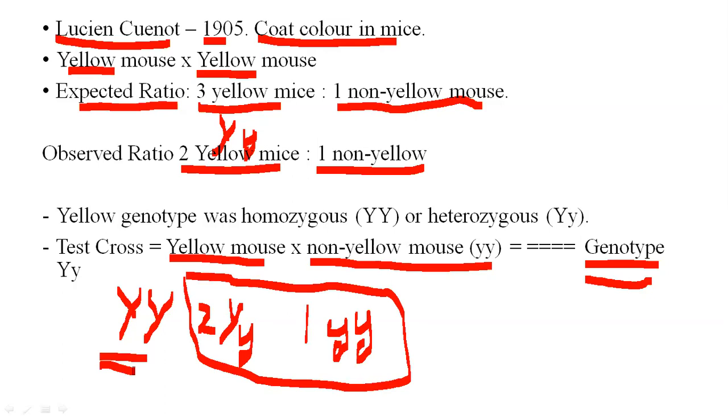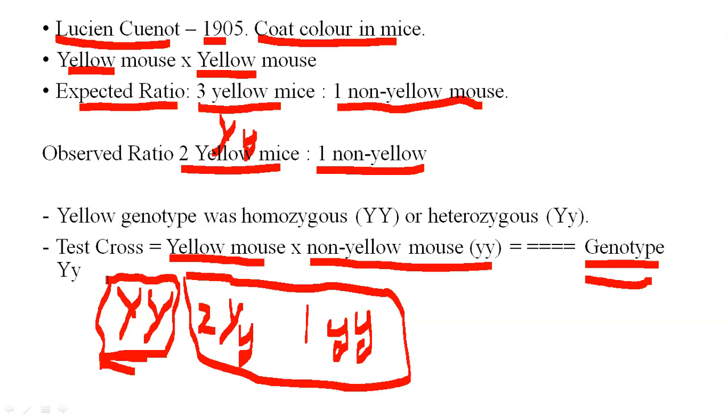He observed that the capital Y capital Y genotype also produced the yellow color, but this mouse died during the development stage inside the womb of the mother.